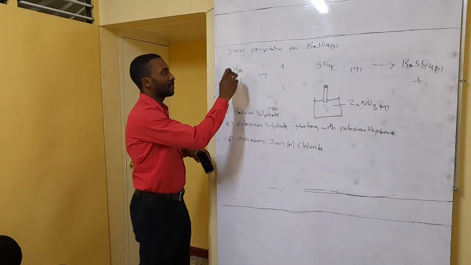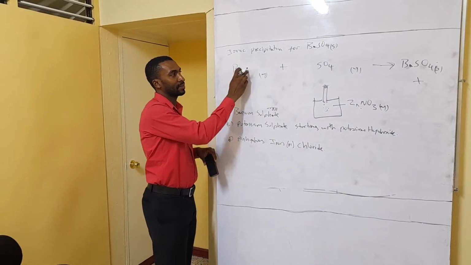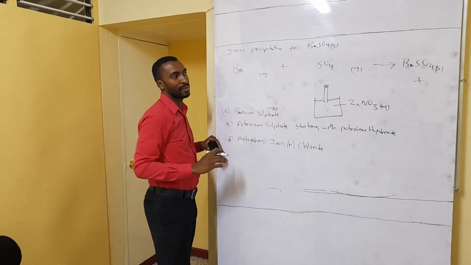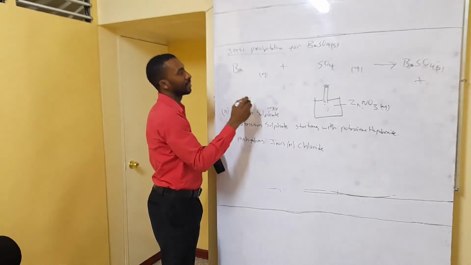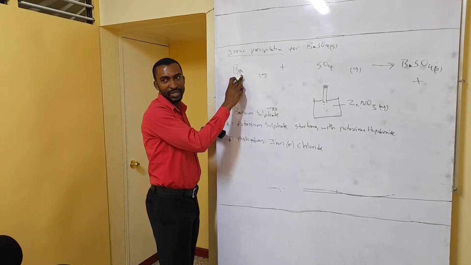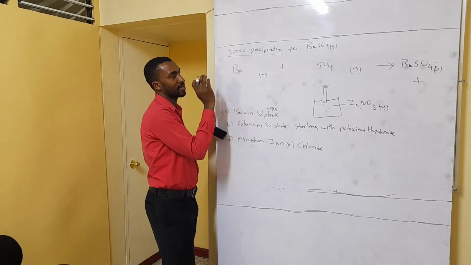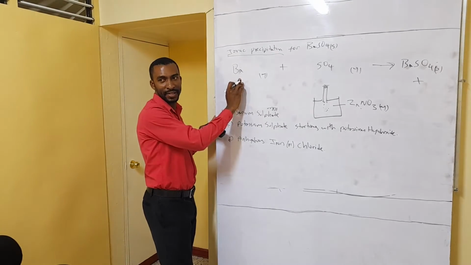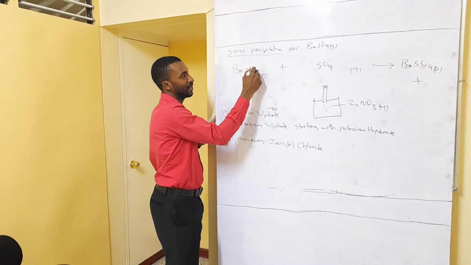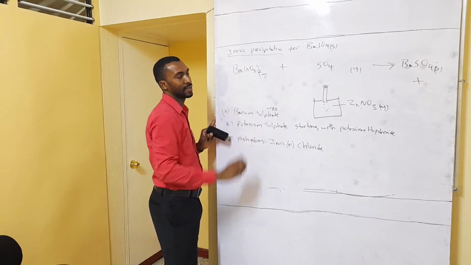So we have to choose the reactants; both reactants have to be soluble. When we add them together, they will form the insoluble salt. This is ionic precipitation. So which barium ionic compound do we know is soluble? Barium nitrate, right? Because all nitrates are soluble, no exception.